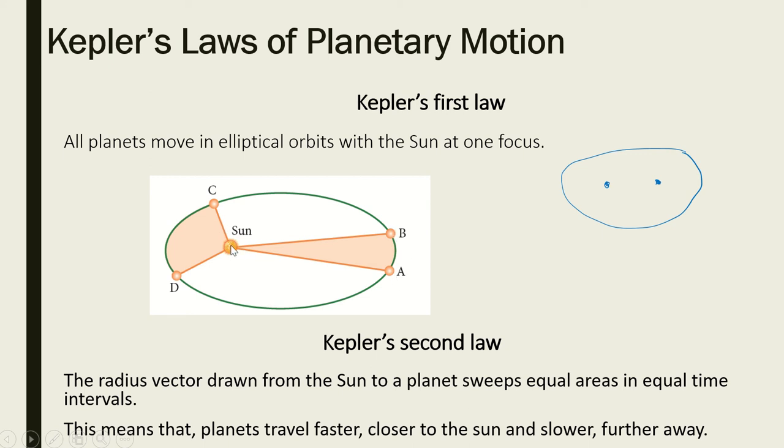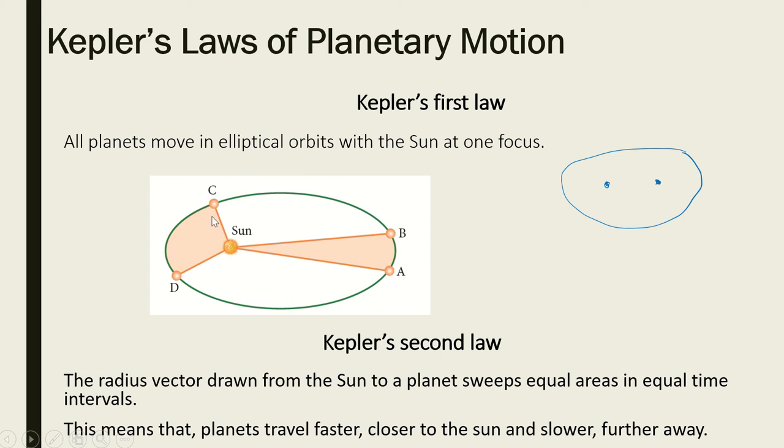And this line between the Sun and the planet sweeps out areas that are equal in equal time intervals. So obviously this area here is equal to this area here. So from C to D, this planet travelled much further than B to A.